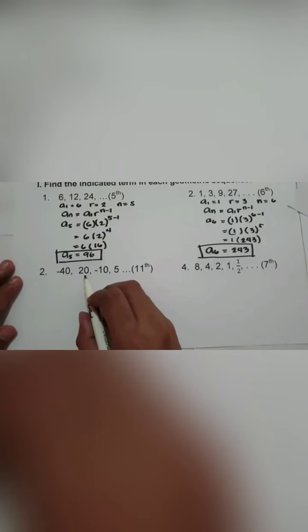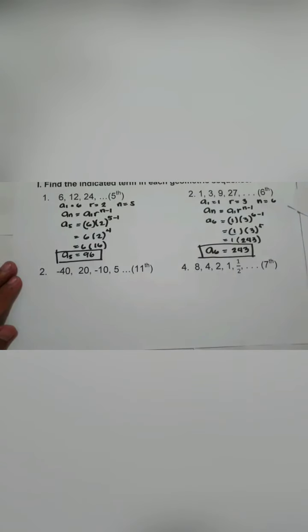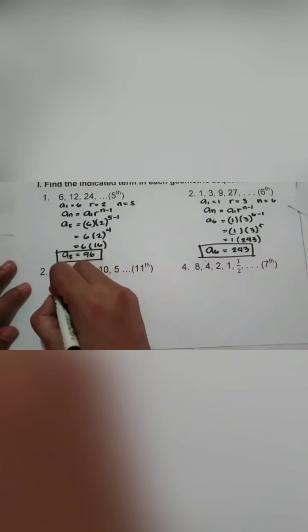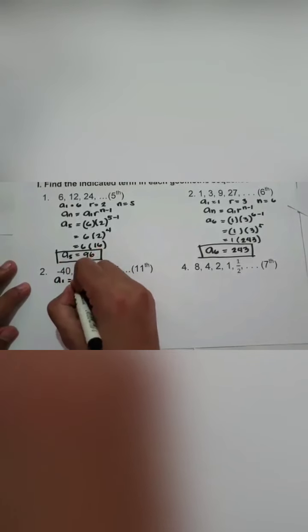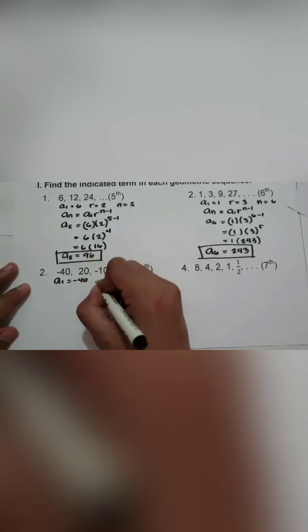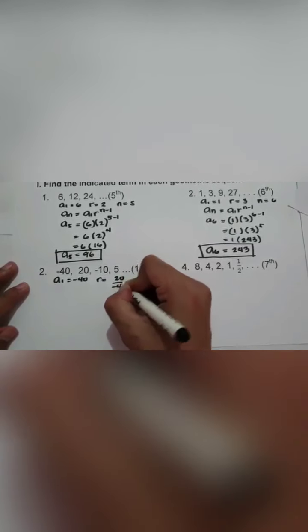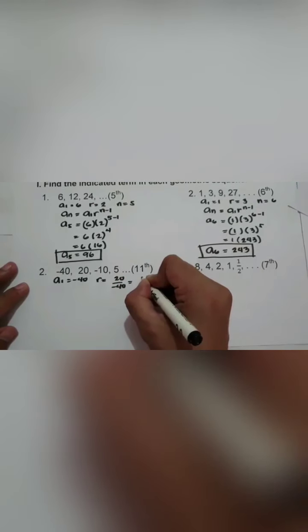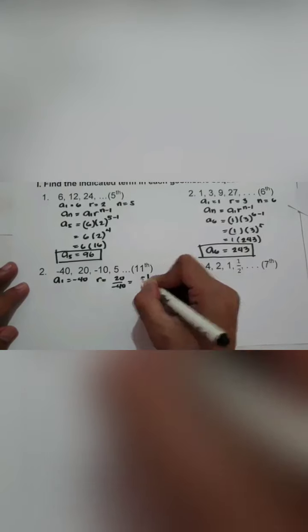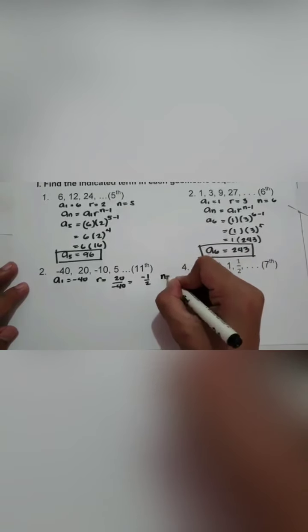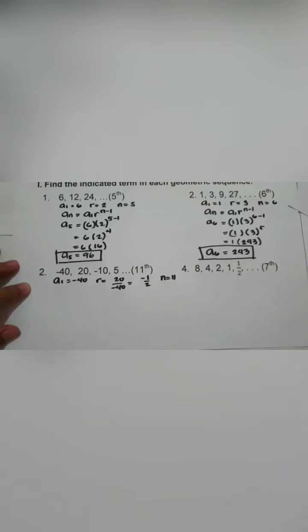What about number 3? We have negative 40, negative 20, positive 20, negative 10, 5. We are looking for the 11th term. So we have a sub 1, which is negative 40, and then the ratio, that is 20 divided by negative 40, that is negative 1 half. And then n is 11.